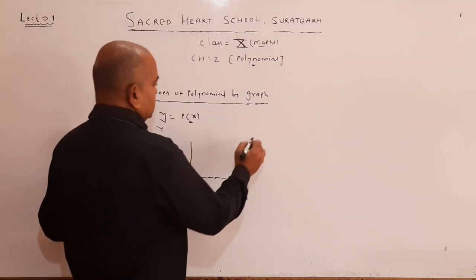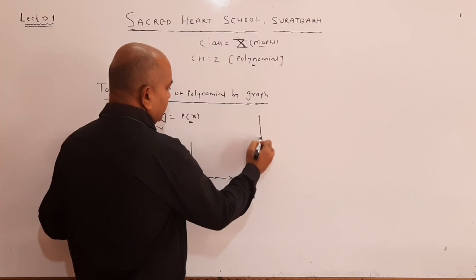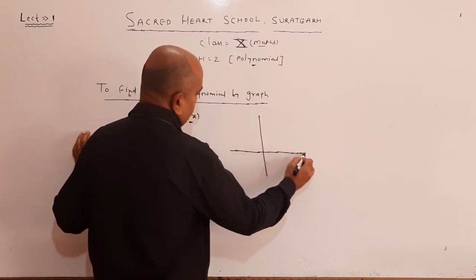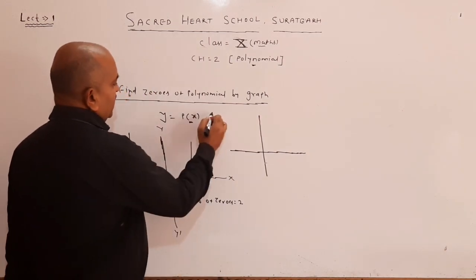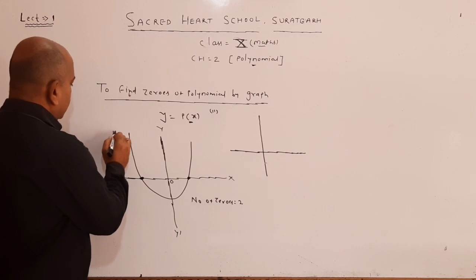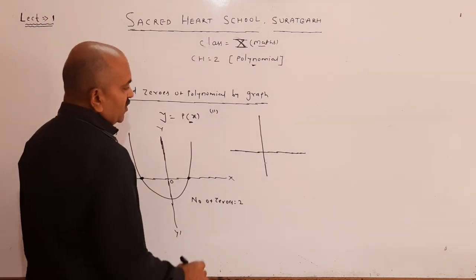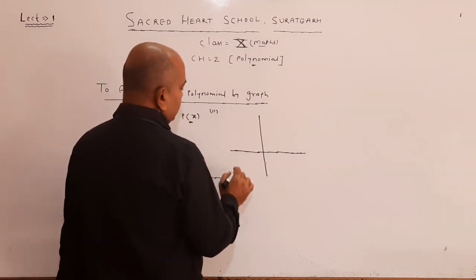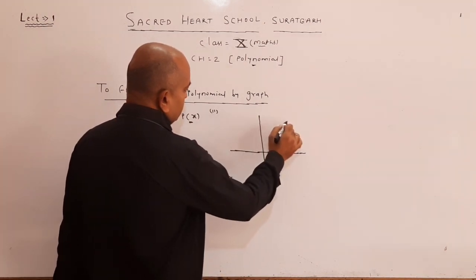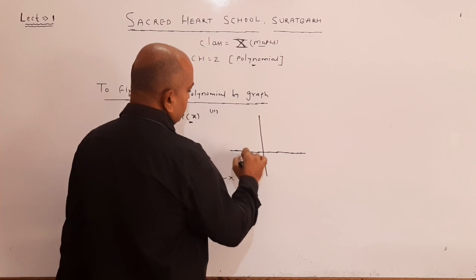Suppose students, we draw the graph of another polynomial, and that graph is of this type.